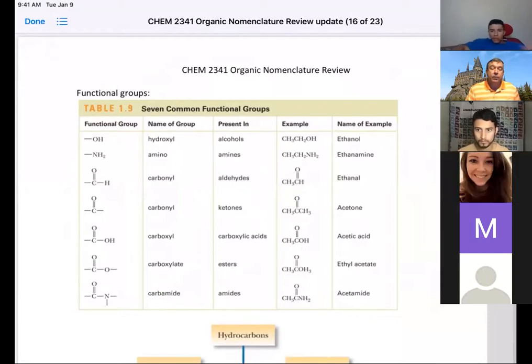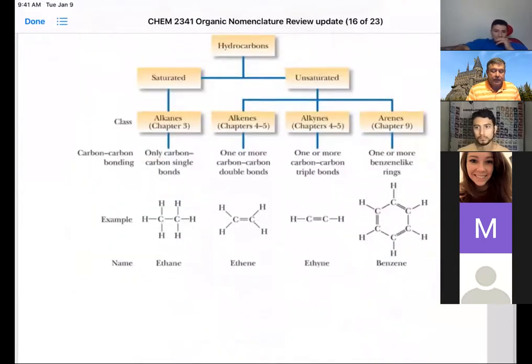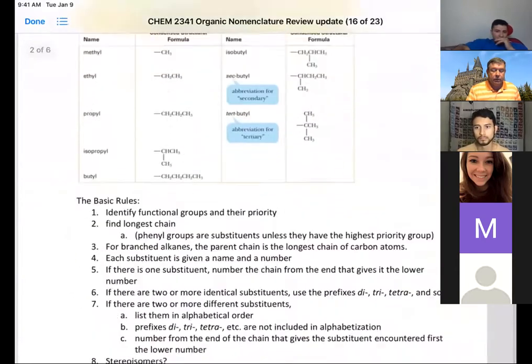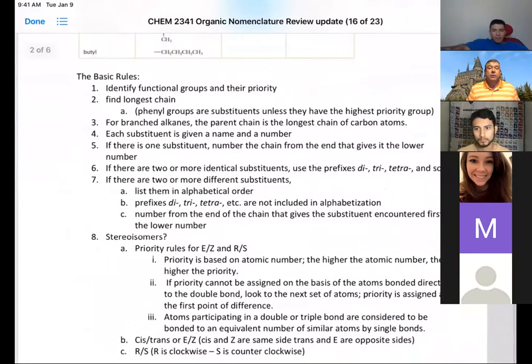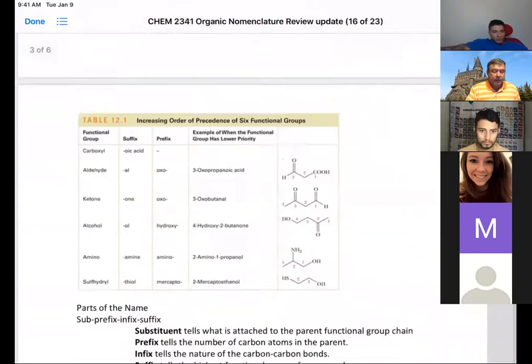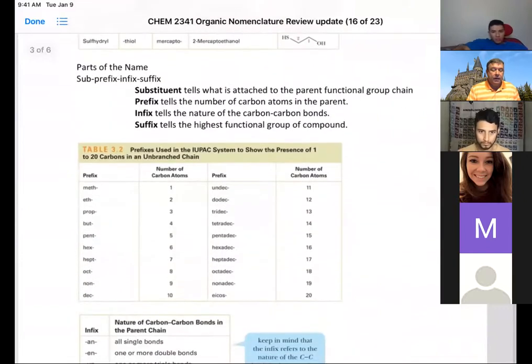It gives you all the functional groups, the general classes, but then it goes through the rules in order. The basic rules, okay? Rule 1 is technically rule 0. You look for the functional group, and we'll talk about that today, but then all the other rules follow in order. And we go into the concept of substituent, prefix, infix, suffix.